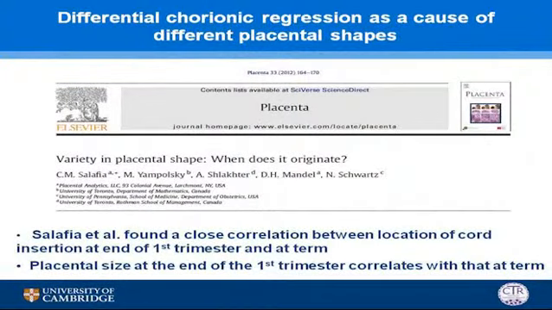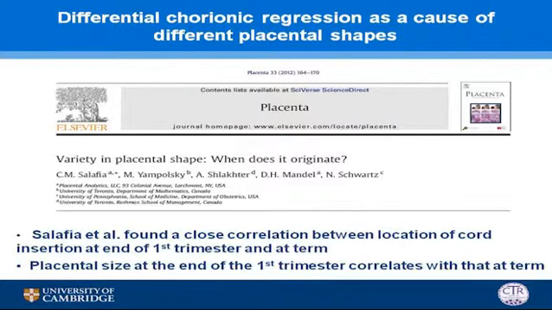This, of course, is very difficult to prove, but there's recently been a paper from Kari Salafia's group where they looked at the site of insertion of the cord at the end of the first trimester and compared it to what you see at term, and they found a very strong correlation.